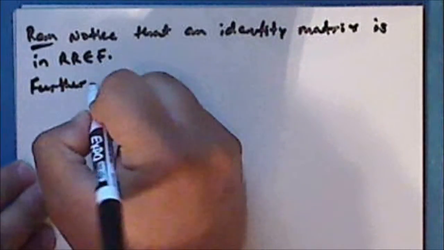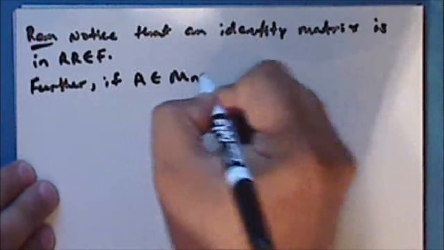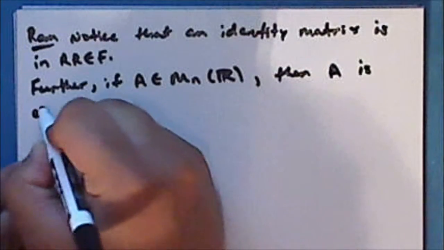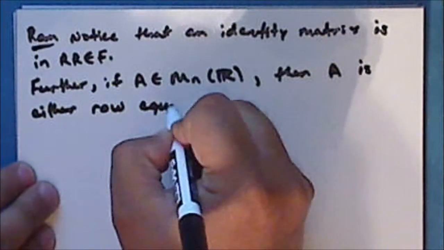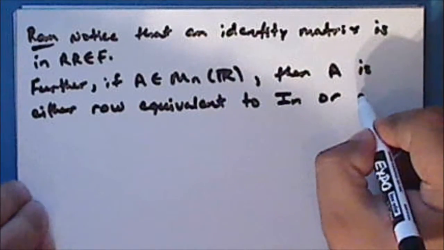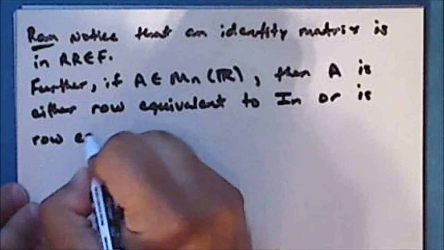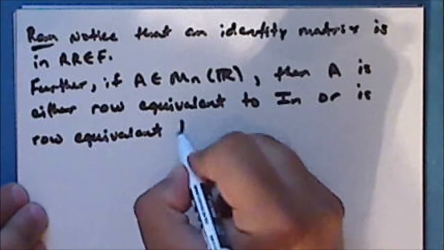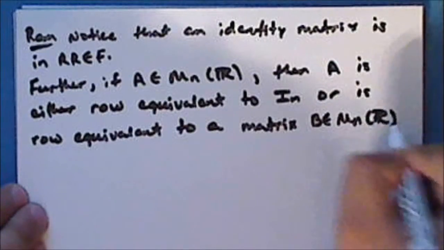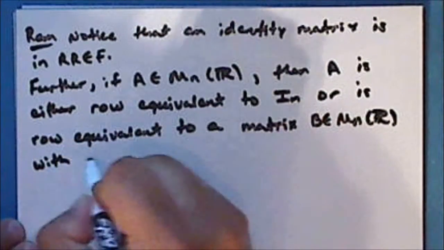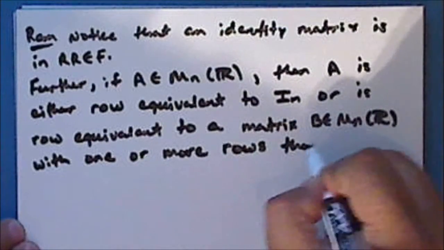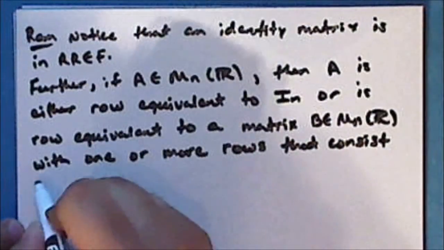Further, if A is a square matrix of order n with real entries, then the matrix A is either row equivalent to the identity matrix of order n, or is row equivalent to a matrix B, which is also a square matrix of order n with real entries, with one or more rows that consist entirely of zeros.